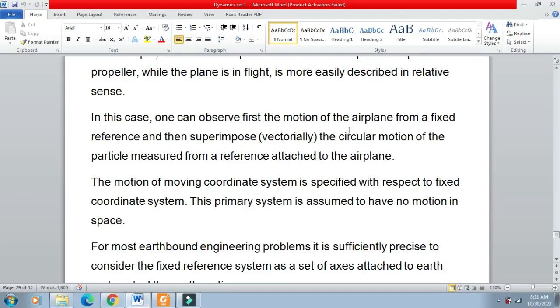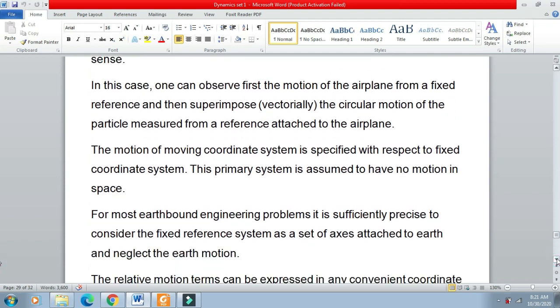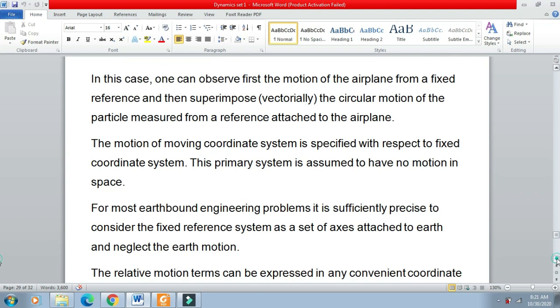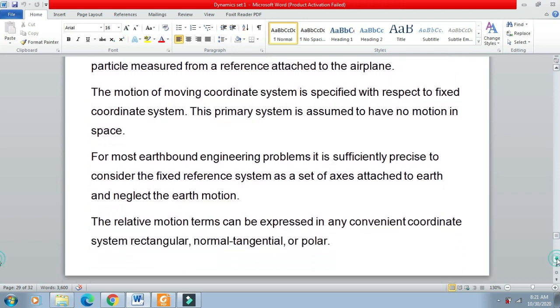In addition to the fixed system, we need an additional system which is moving. So there is a primary system which is fixed, and there is an additional system which is moving. The primary system is the fixed reference system, and the fixed reference system is assumed to be attached to the surface of the earth.